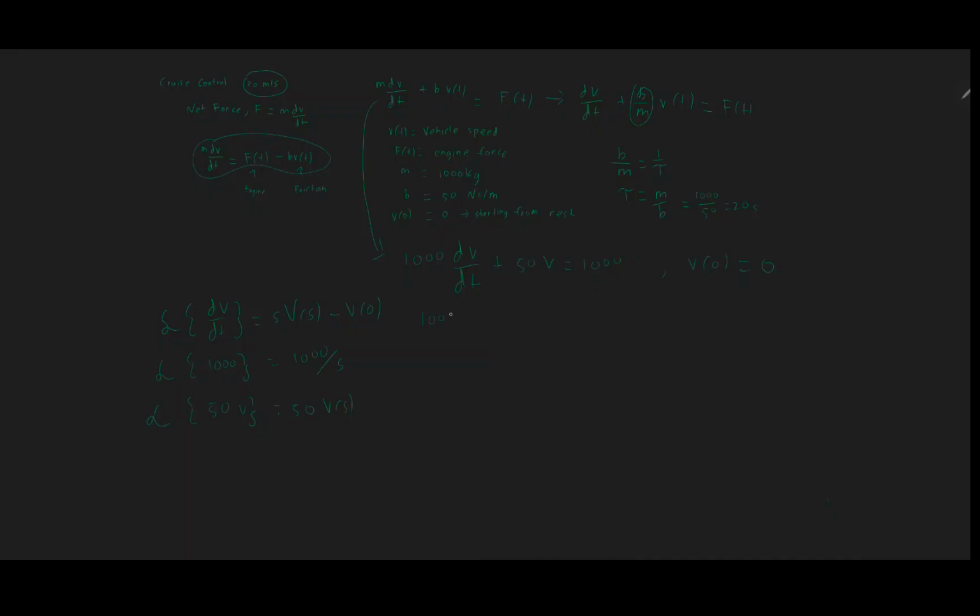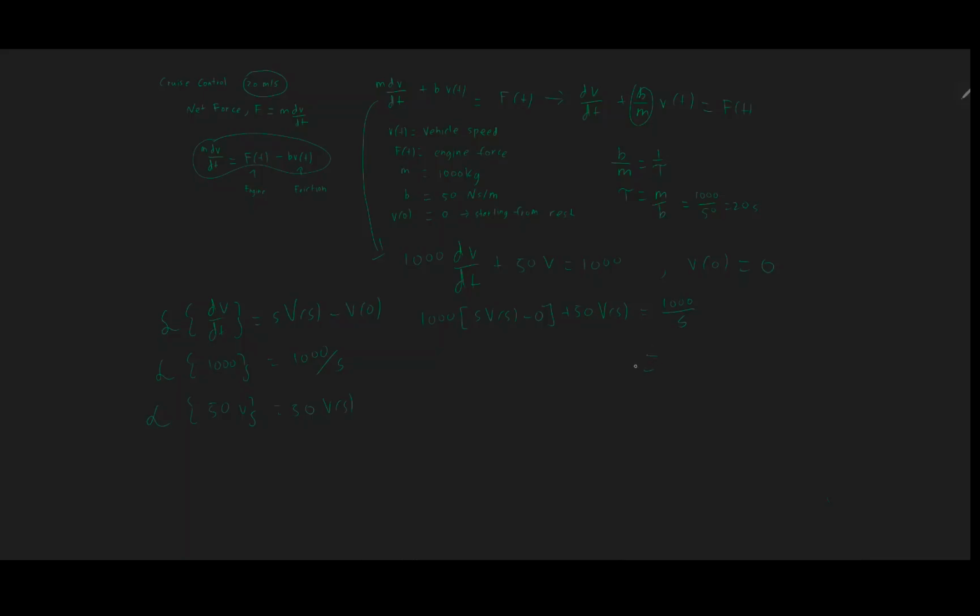That'll be 1000 times sVs minus 0 plus 50Vs is equal to 1000 over s.